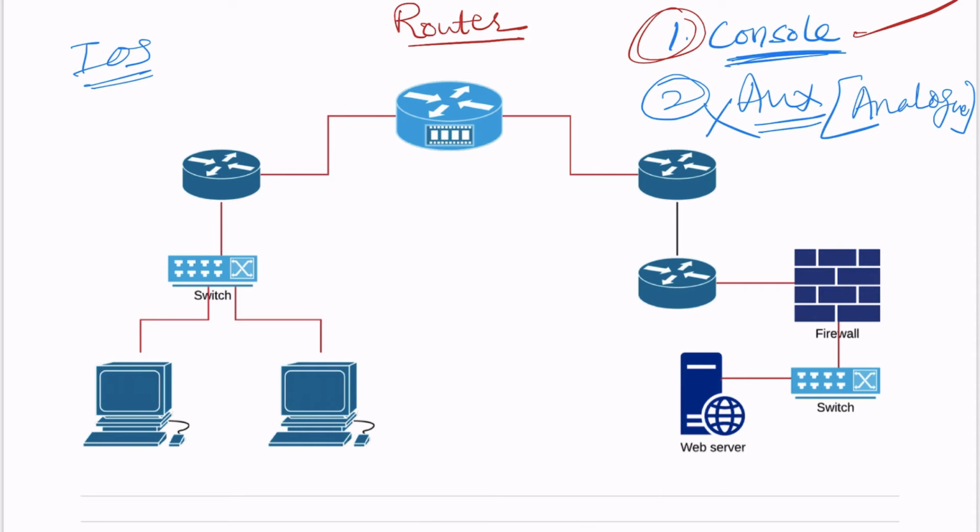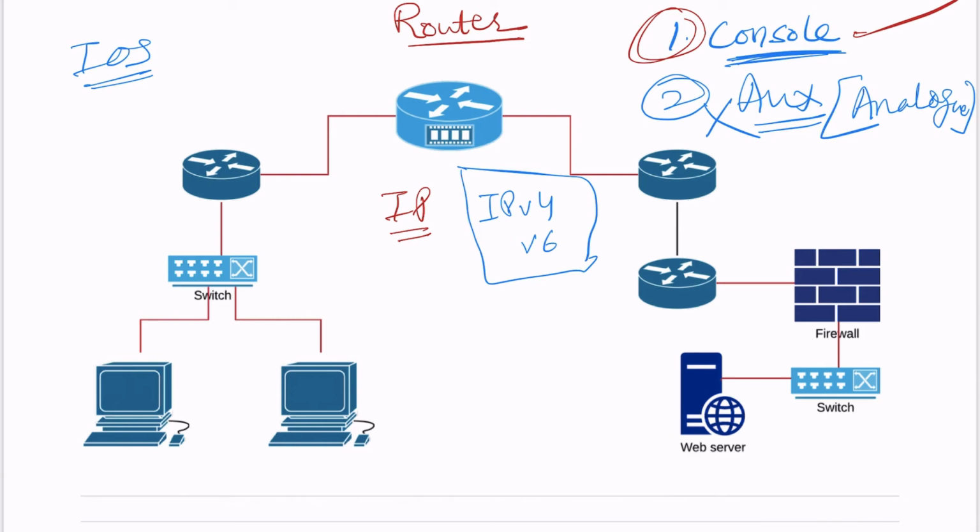So once you've configured the router, then you can access it over the IP addresses. Every device which participates in the network must have the IP address. IP is basically a logical address. It can be either IPv4 or IPv6. Logical means these can be changed as well.